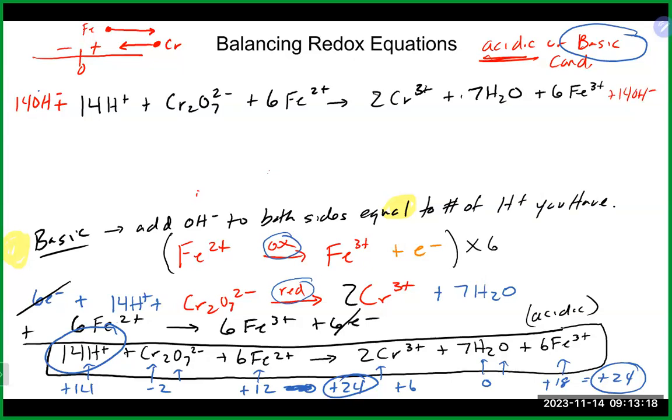Now, when you do this, there's going to be a point where H plus and OH minus come together to make water. So that will give you 14 waters. And usually at this point you'll also have some waters on the other side, so you can reduce down the waters. We have 7 waters on the right, so we'll now make my 14 waters 7 on the left.